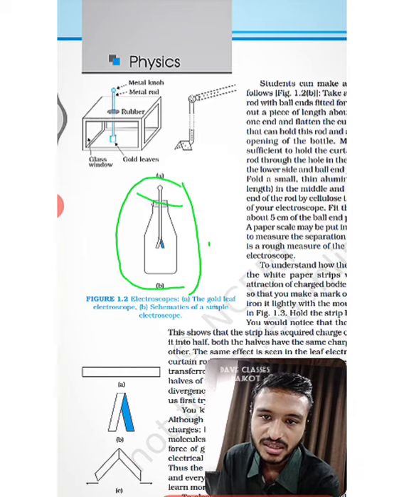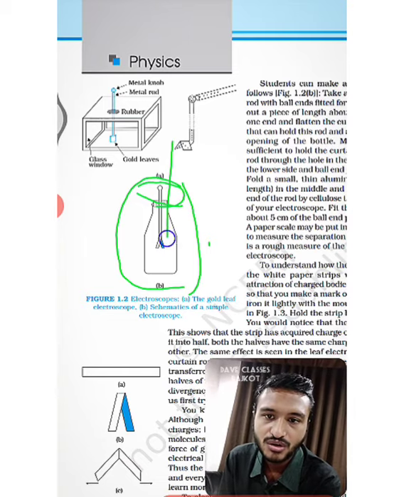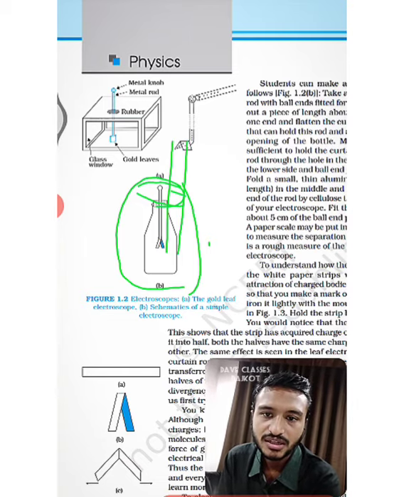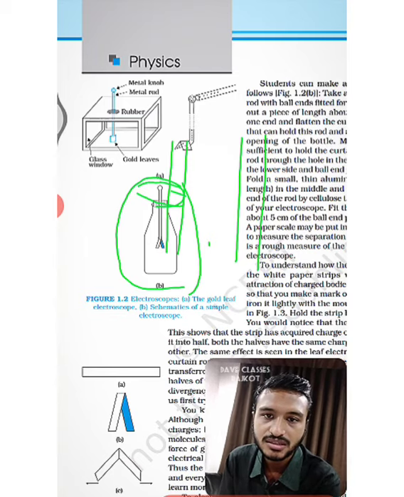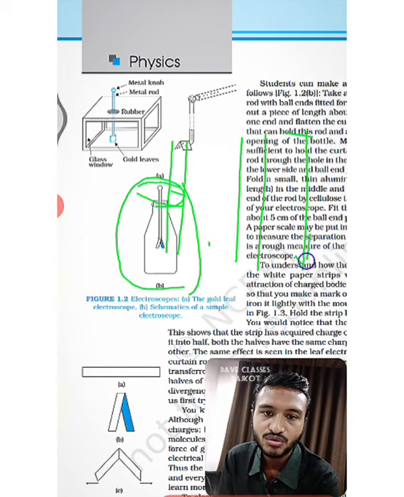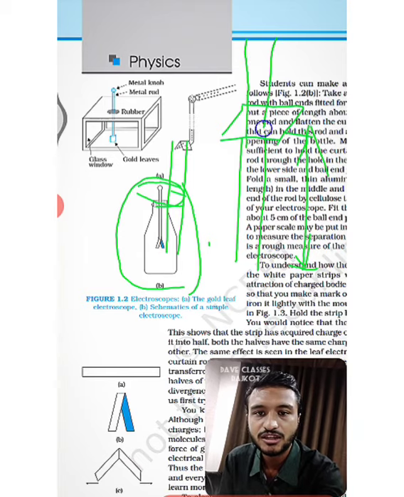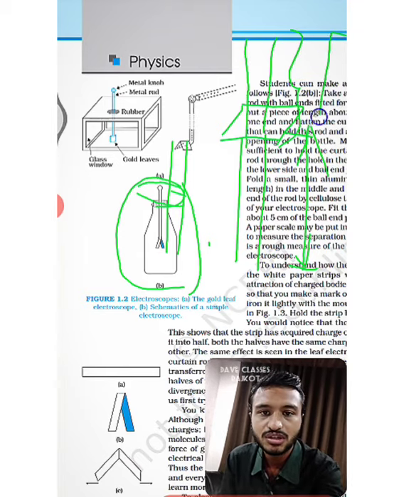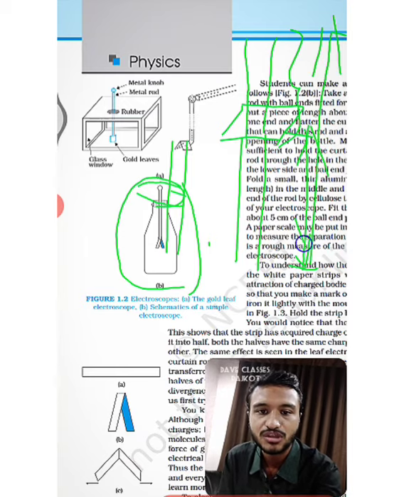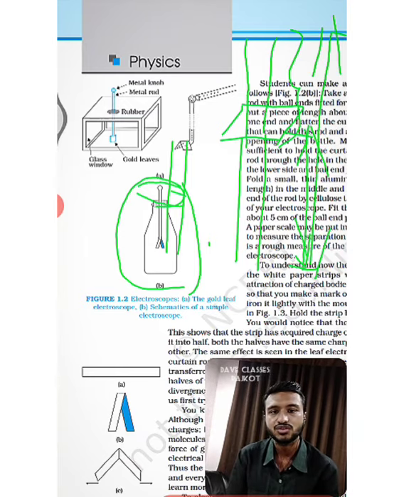You can see here it has been passed through like this. This is the aluminium tube, which is 20 centimeters, and you can place rubber over here to make it airtight, and this is the portion which will come outside. The total length should be 20 centimeters. That is the length of the tube.